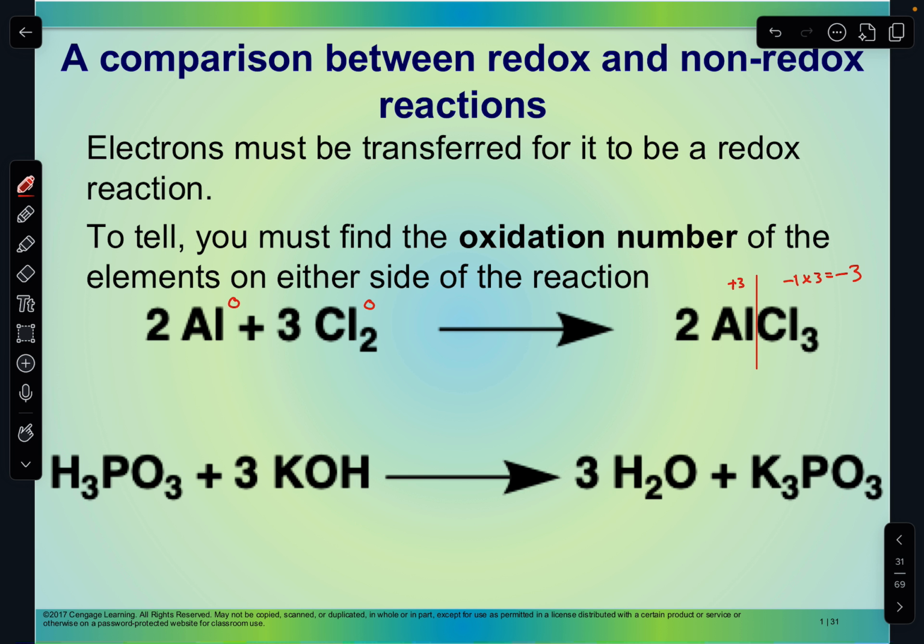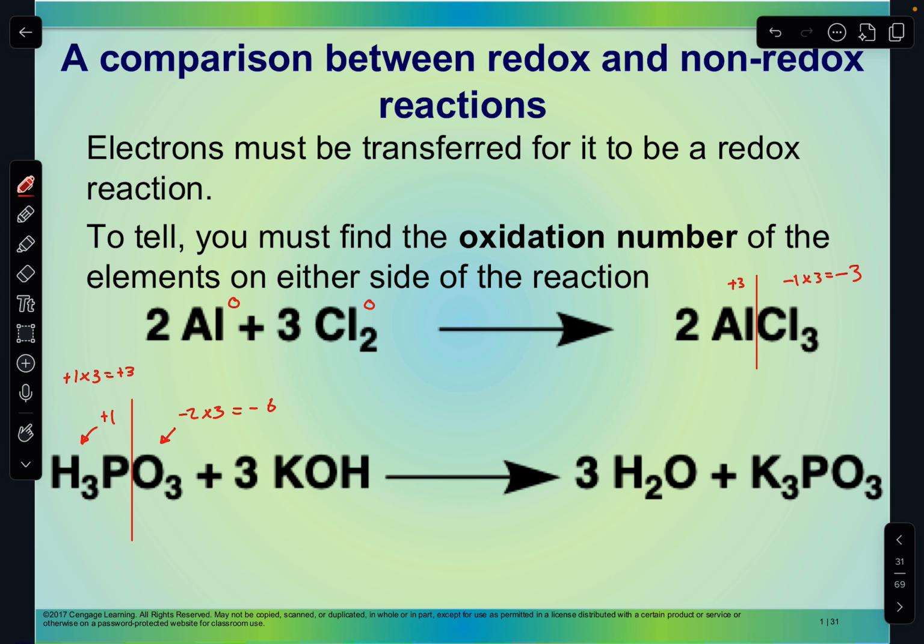H3PO4, however, the H+, this is phosphoric acid, so that's going to be a +1. If it's an acid, then hydrogen is going to be in the +1 state. Oxygen is going to be in the -2 times 3 state, and so we'll put a line down the middle. We'll get a -6. We have +1 times 3, which gives us a +3 for all the hydrogens.